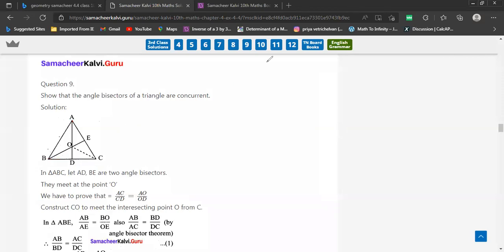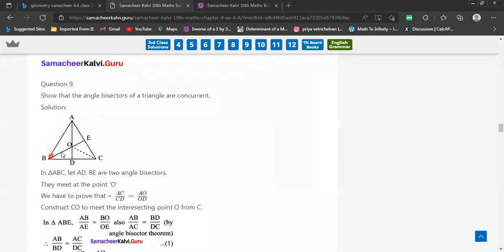And similarly, you do have other lines as well. Have BE, which also passes through O. And of course, you can draw another line over here, but they didn't mention it, it's not required. So this line also passes through the point O. So they're taking the triangle and they're saying that AD and BE are two angle bisectors.